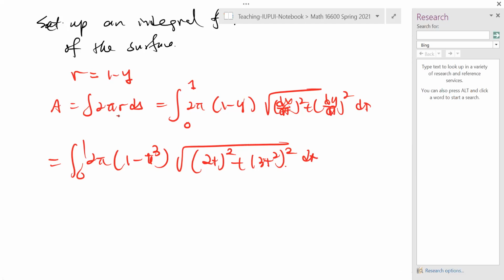If you look at the test you submitted, some of you may be confused because I asked you several questions: set up an integral with respect to x, with respect to y, and rotations about the x-axis, the y-axis, or a vertical line. But if you can draw the picture, pick a point on the curve with coordinates x and y, and then draw the radius, you can tell what the radius is right away.